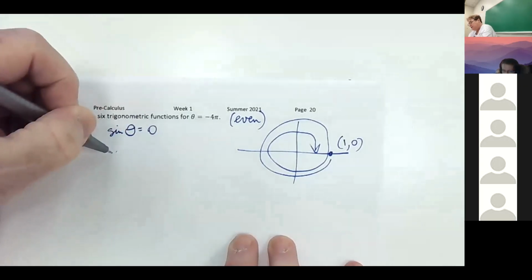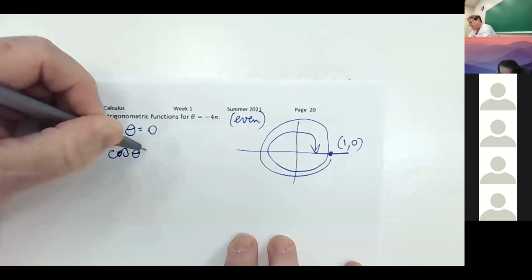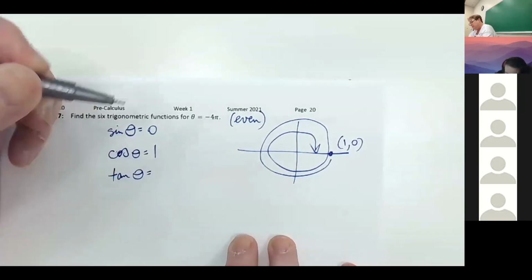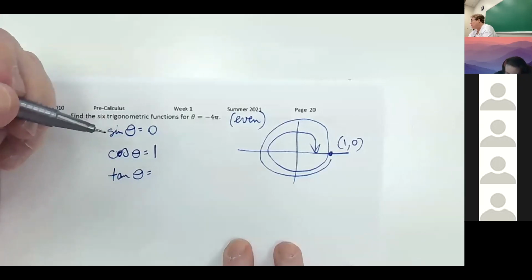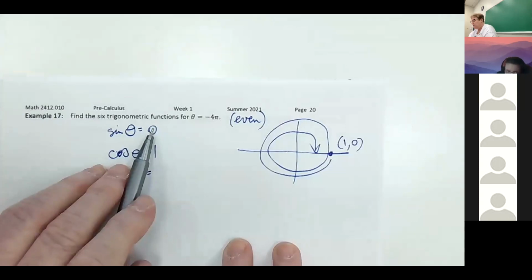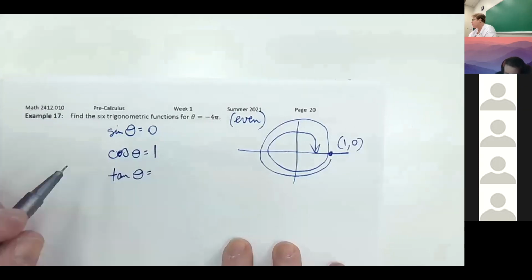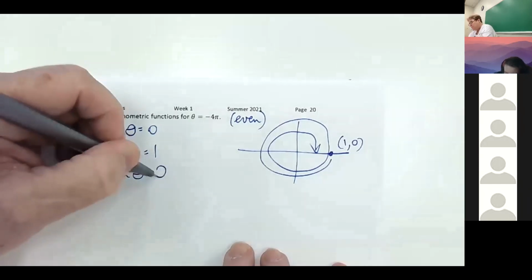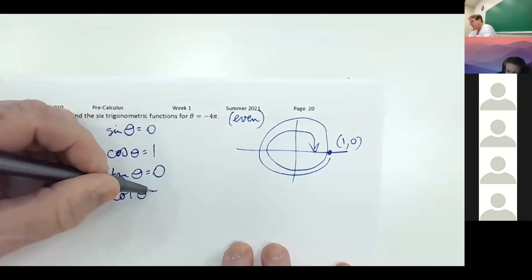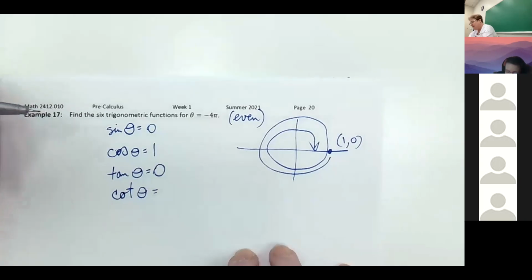Good. And the cosine? The tangent? It's 0 divided by 1. 0. Good. The cotangent is undefined. Good.